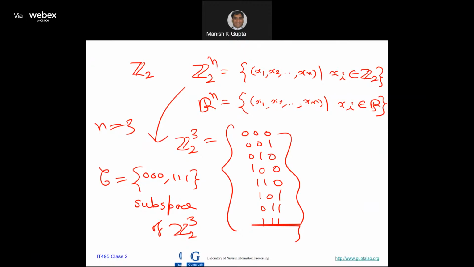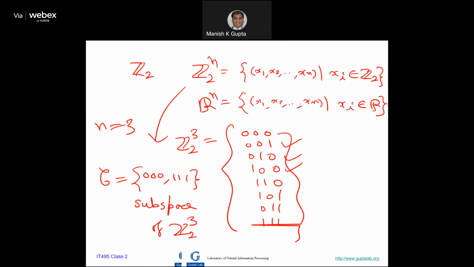I can maybe mark it here. This, and this, right? These 3 vectors are linearly independent. Second, they span the whole space. If I take any vector in the whole space, Z2 to the 3, it is a linear combination of these 3 vectors only. Right? If I take, say, 1, 1, 0, it is the sum of this and this. Take any vector, it will be a linear combination of these 3 vectors, so they have a unique representation.